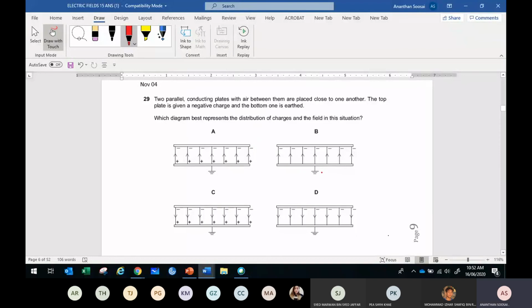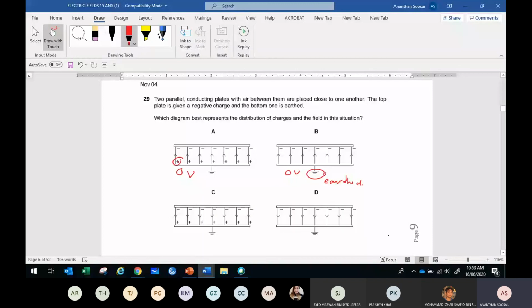Although, what is this sign? This sign is actually Earth, meaning the terminal is Earth, which should be 0 volt. Of course 0 volt is not positive or negative, but the sign given here is relative to the other plate. Because this is 0 volt and the field line is upwards, the lower plate should be positive relative to the upper plate.